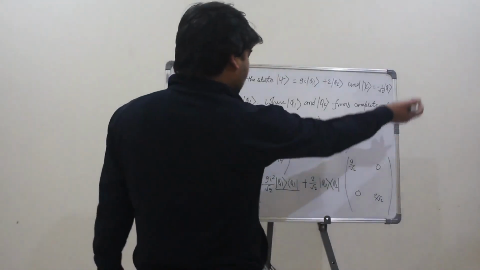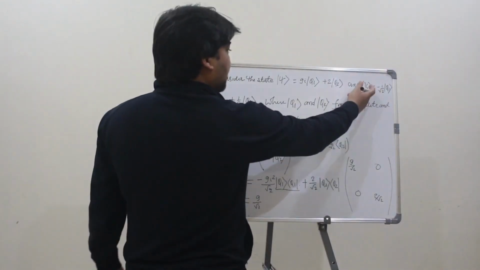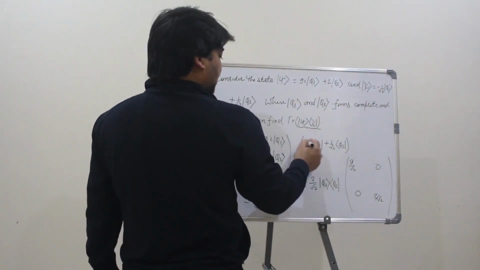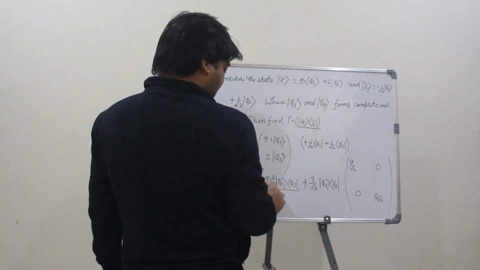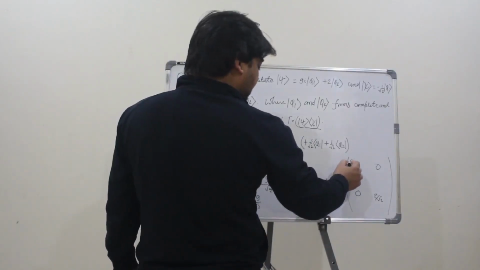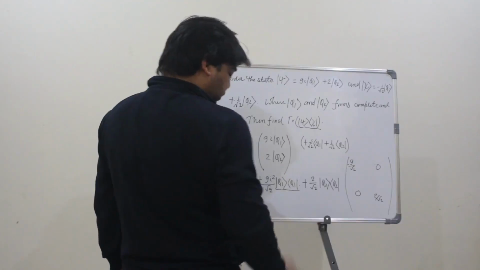Sorry, here is a mistake. This is the complex conjugate we are taking, so it will be positive. So here it will be positive, giving you minus.